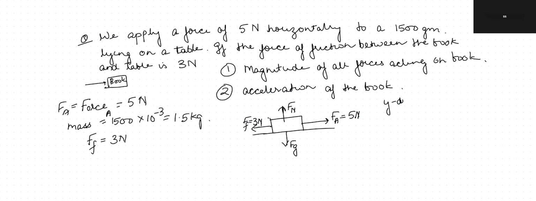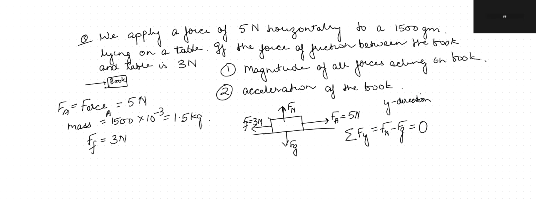Now, the sum of the forces in y direction, Fy, is equal to force normal minus force of gravity. Okay. Because we know that neither is it going up nor going down. So net force in the y direction is 0. So we put it 0. Okay. And both are in the opposite directions.